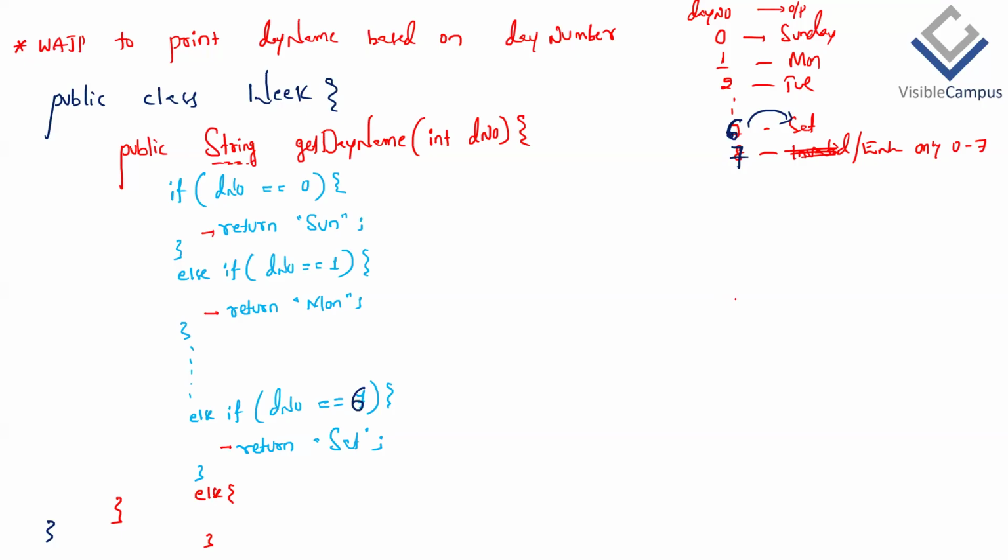So my question is whether the else block is mandatory or optional. Yeah, else is optional. It's not mandatory to write it. If I don't write it, when somebody enters 7 or 8 or 10, they don't get any output. My program is not giving any wrong output, right?